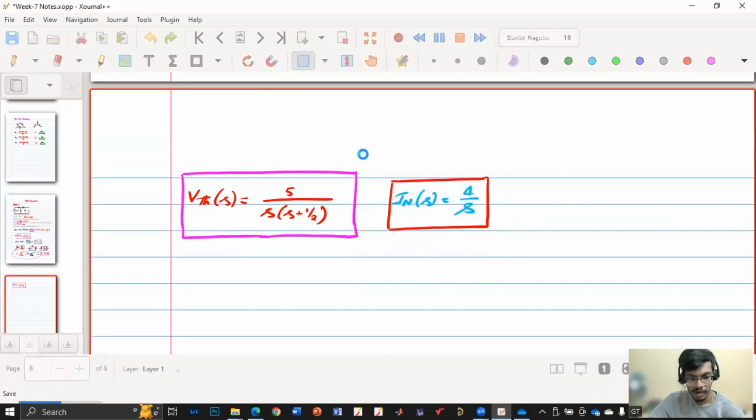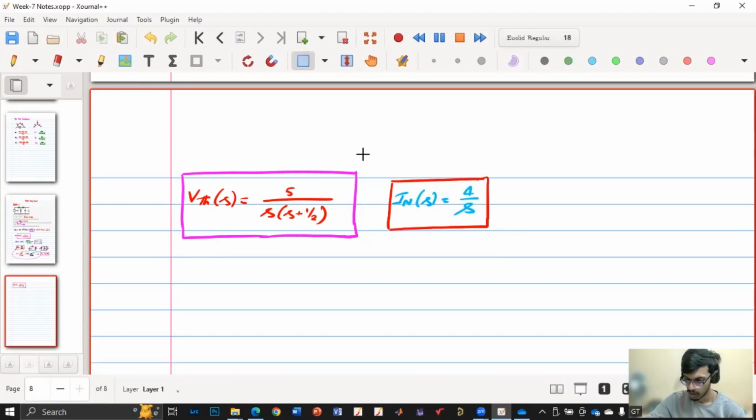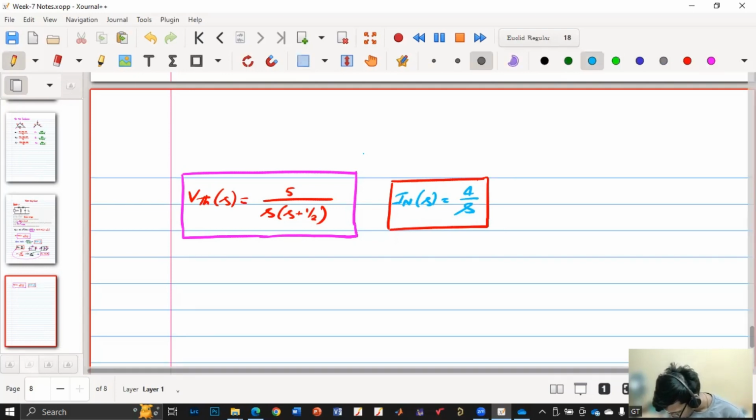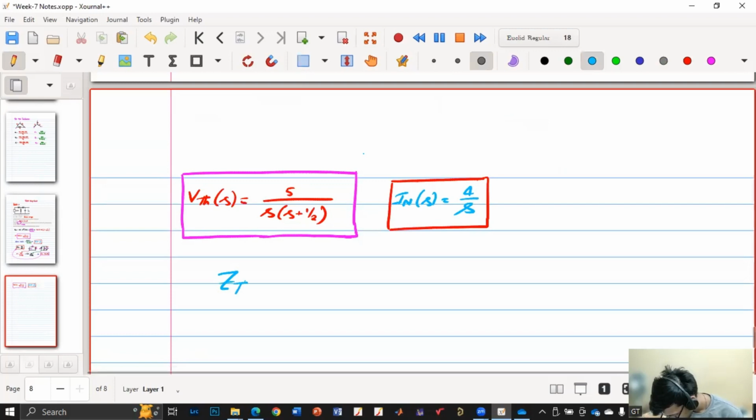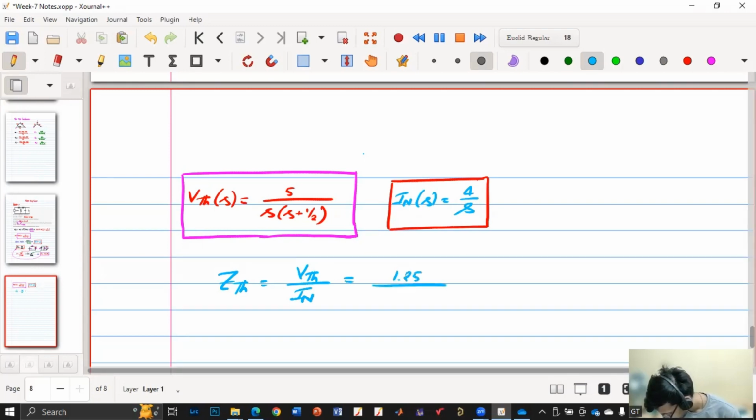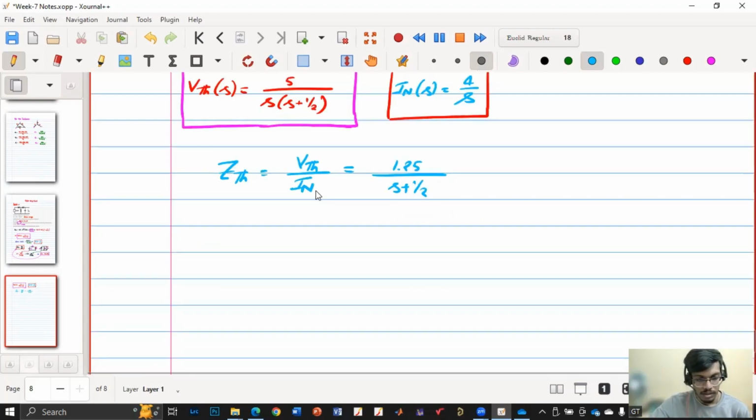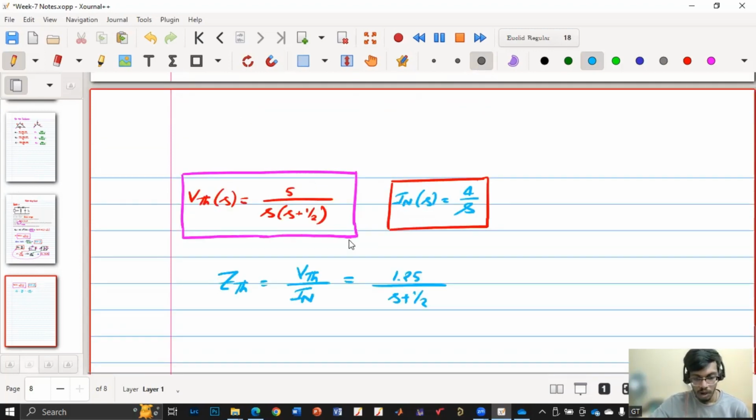How do we find it? V Thevenin by I Norton. So if you do 5 by 4, 1.25 by S plus half. Is my calculation correct? You correct me if I'm making any mistake. Yes, sir, correct. Thank you.